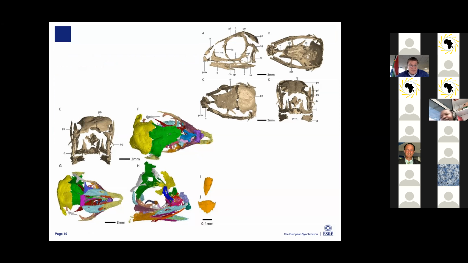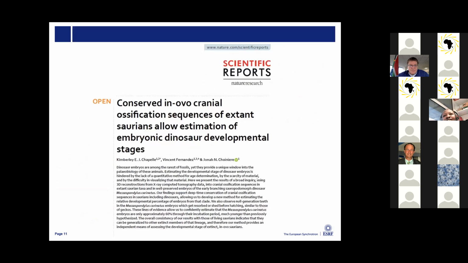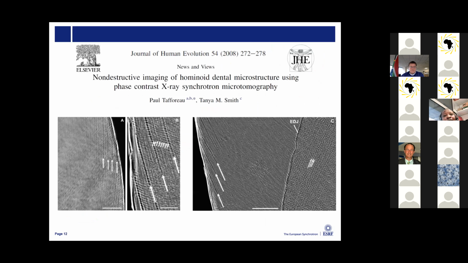Their study has allowed them to come up with a method that can be used to assess the developmental stage of extinct in ovo saurians. This research has been published in Nature Scientific Reports this year. If you're interested, you can go and have a look at this publication. Very interesting research, I must say.